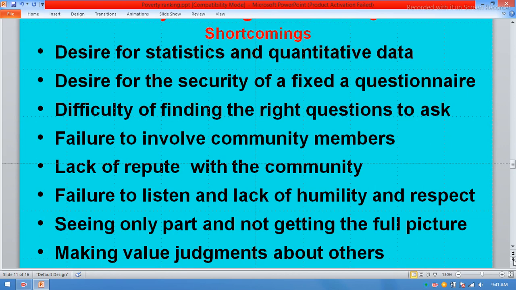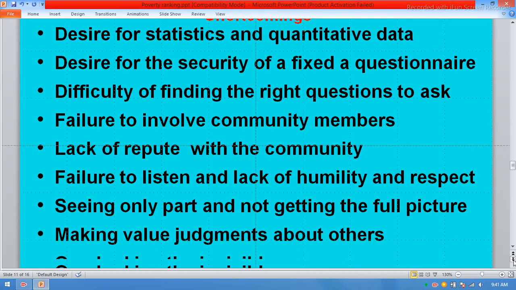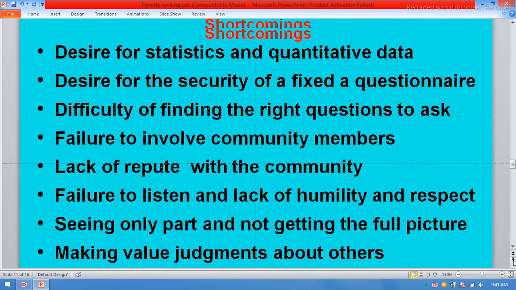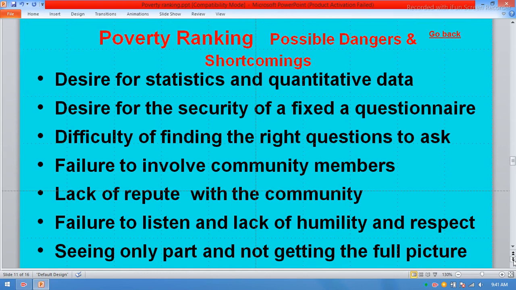Failure to involve community members, lack of reputation with the community, failure to listen and lack of humility and respect, seeking only part and not getting the full picture, making value judgments about others, overlooking the invisible. These are the shortcomings of poverty ranking, or you can say possible dangers.